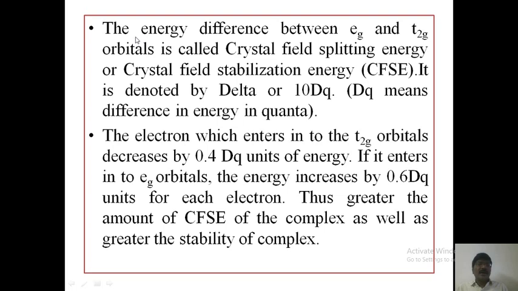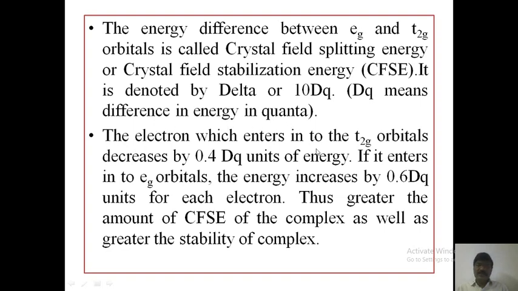From the diagram, the energy difference between Eg and T2g orbitals is called crystal field splitting energy or crystal field stabilization energy. It is denoted by delta O or 10 dq. Here dq means difference in energy in quanta.